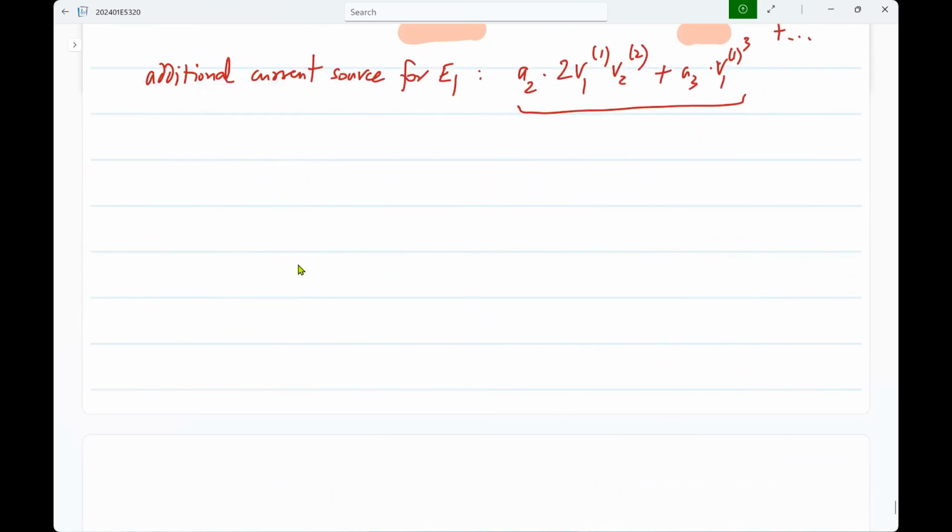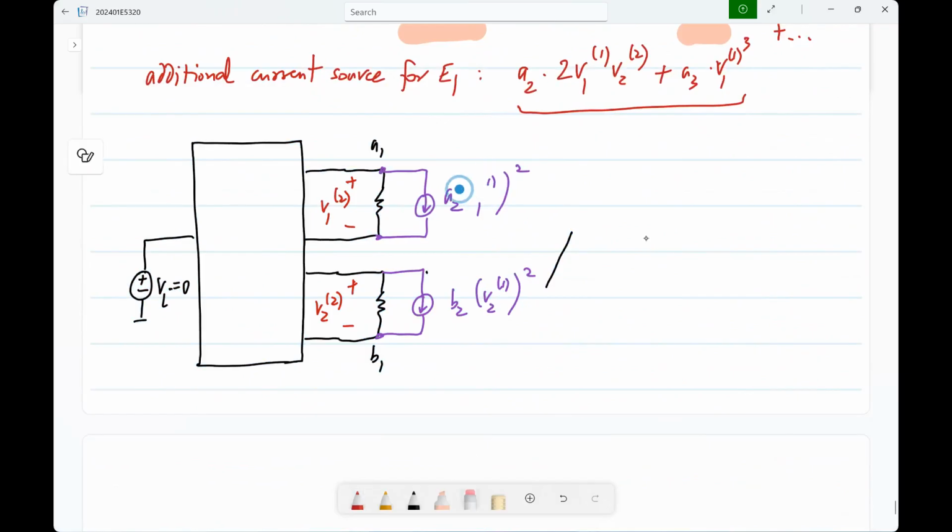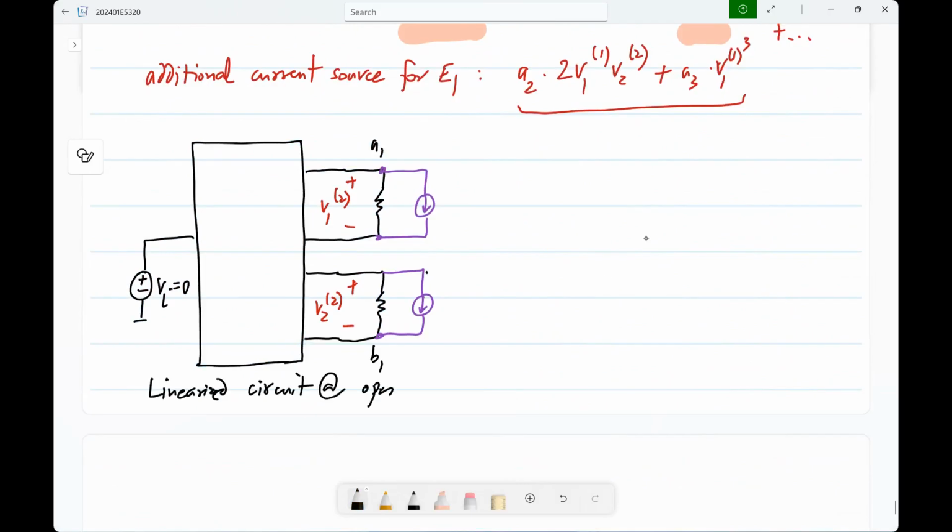So I'll just copy the same picture, except that now, okay. And these, as I already mentioned, this will be A2 times 2V1 first order times V2 second order plus A3 V1 first order cube.